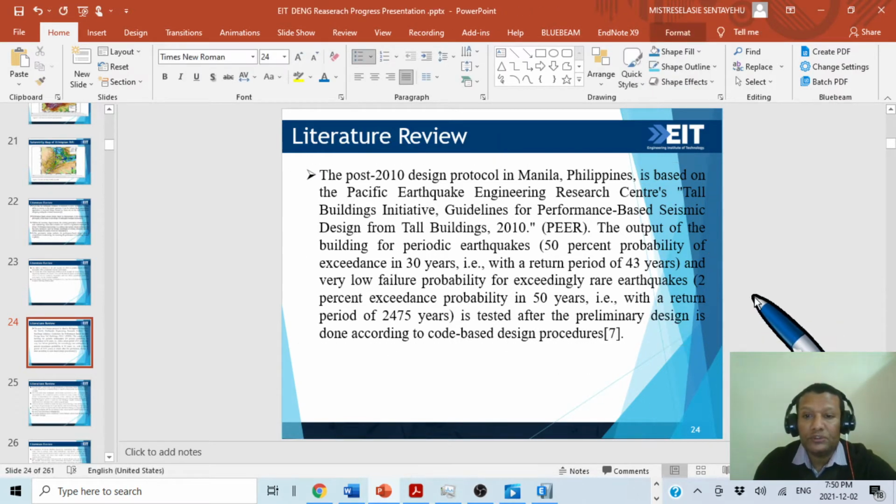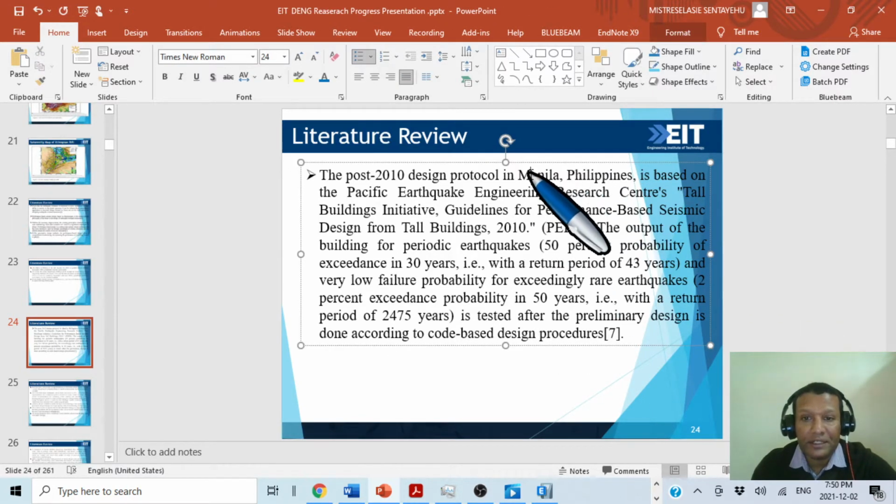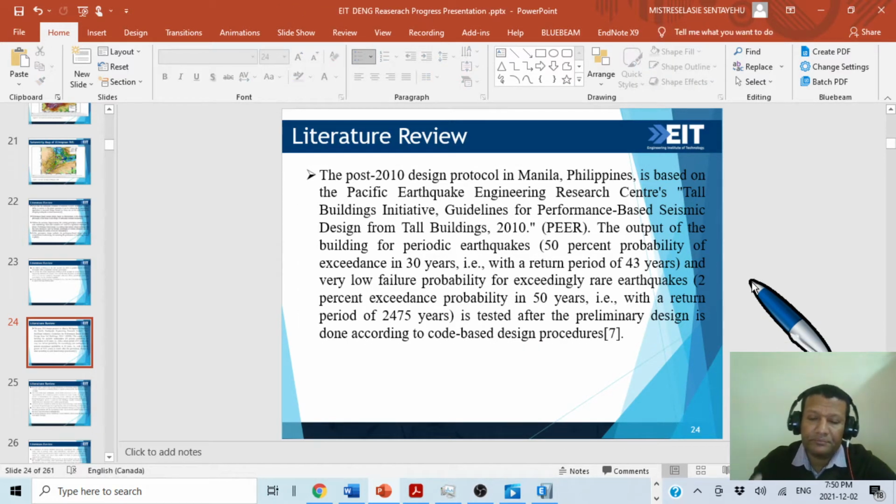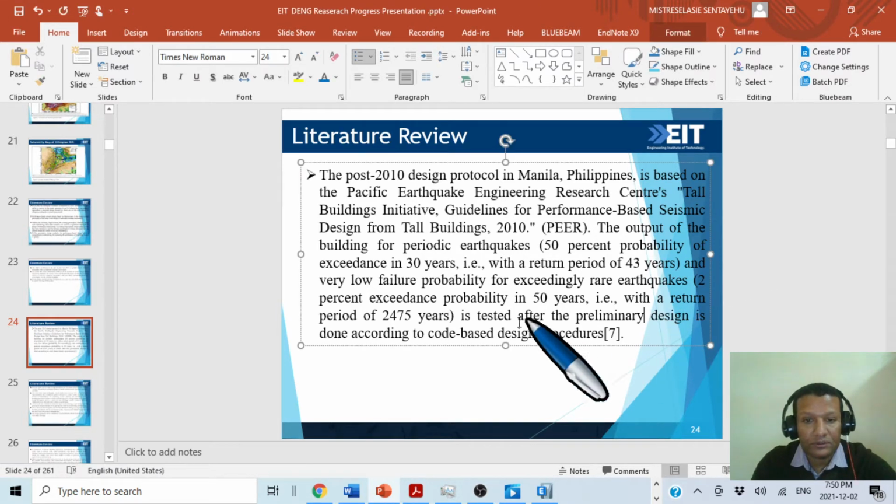So the issue now comes to the Philippines in Manila. They are using PBD, and after they design the building with a preliminary design, because performance-based design will be done after completion of the code-based design. So the code-based, the prescriptive, is the base of performance-based design. So that's what it says.